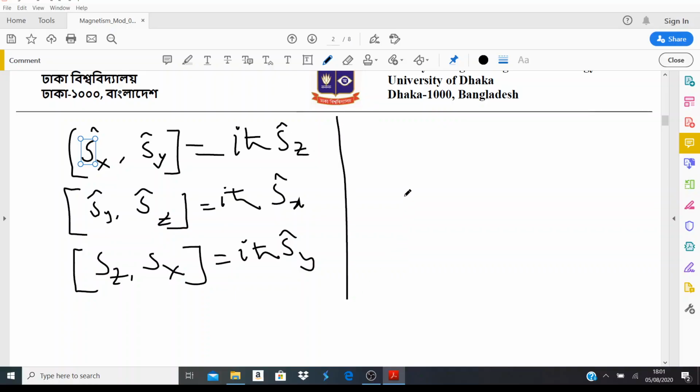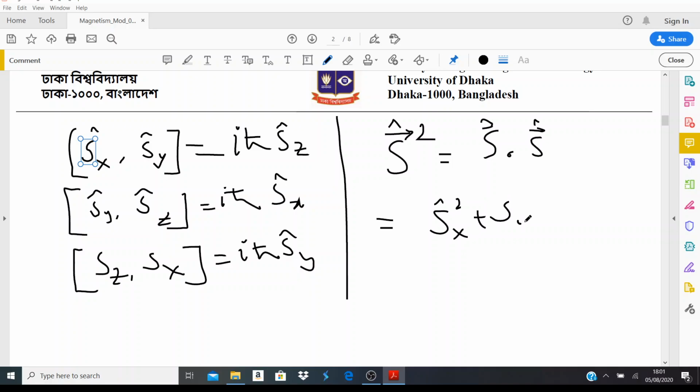Then what we did with the angular momentum is the same here. We need to form the S square operator. It means we need to perform the dot product between two spin angular momenta, and this is nothing but Sx square plus Sy square plus Sz square.